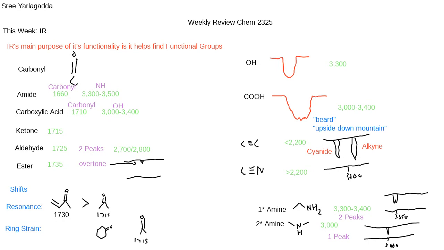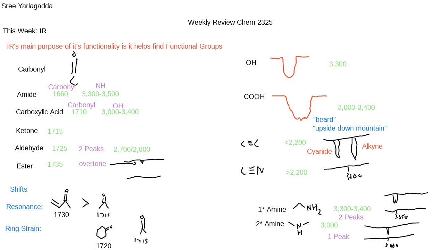These carbons have more strain on them because they are in a ring. When you try to break those bonds, it's not going to be as easy because it's connected together. So as a result, that 1715 is going to be, let's say, 1720.